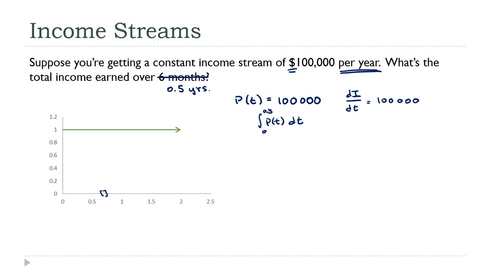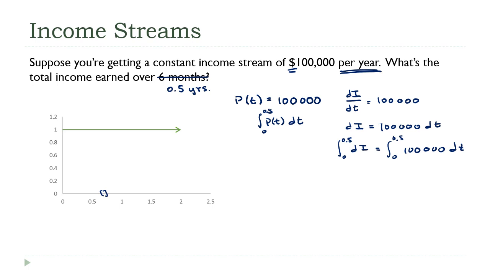I can move the dt over to the other side, and this becomes dI equals 100,000 dt. I'm going to integrate both sides from 0 to 0.5.